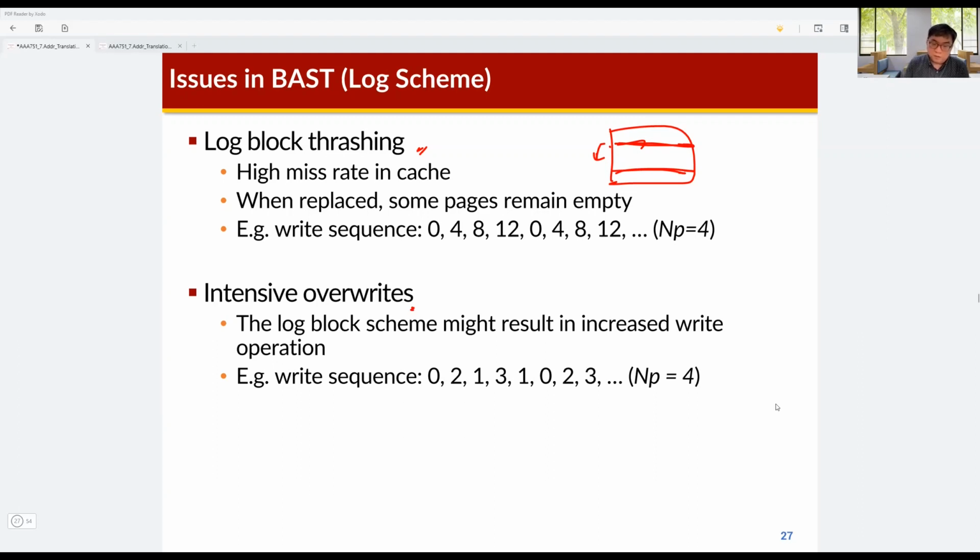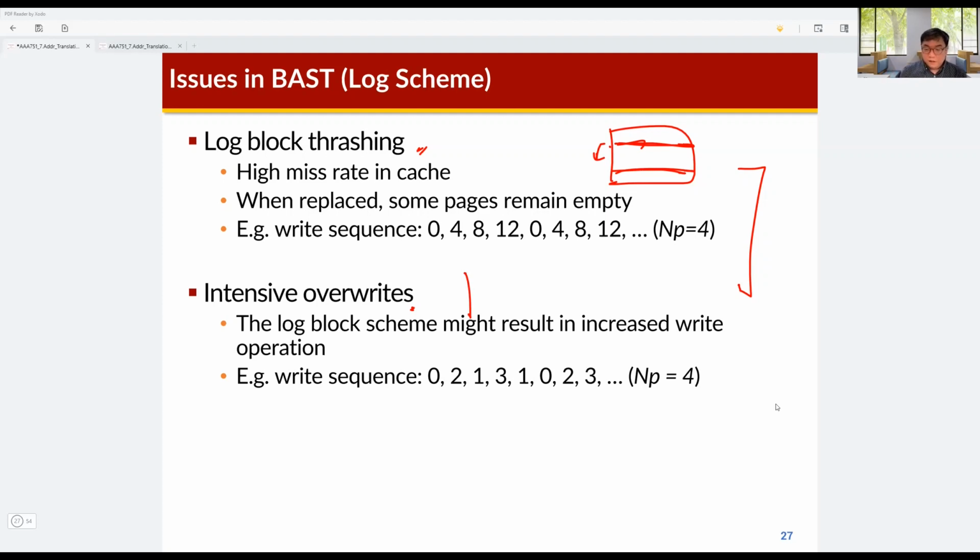Also, the intensive overwrite is a similar issue of this log scheme, the BAST, the block associated sector translation. Because of this property, the pages inside of a log block are wasted.